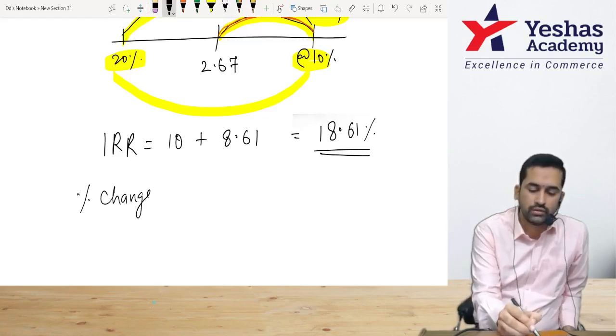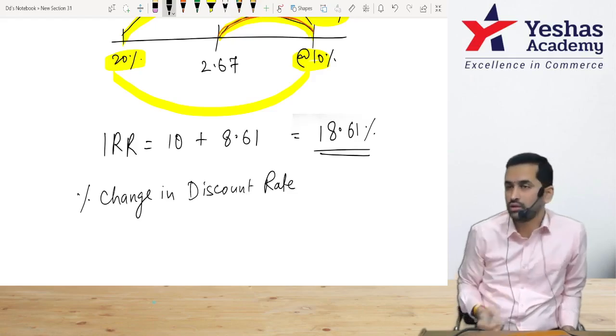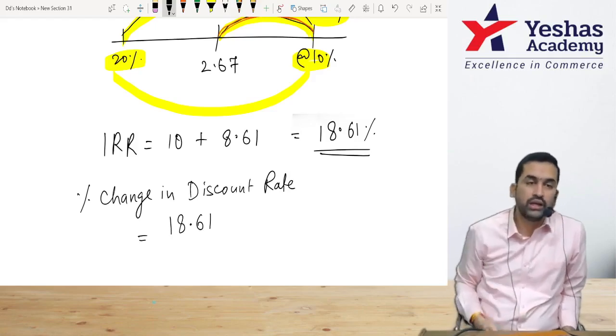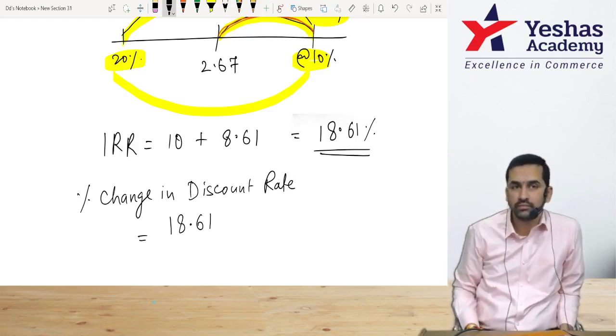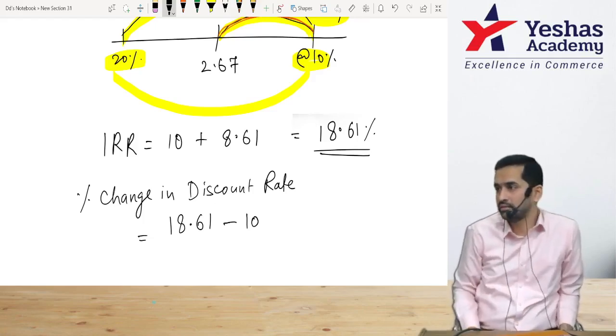Percentage change in discount rate. Discount rate is also called cost of capital, one and the same. You want it to be 18.61, correct? But as of now it is 10.